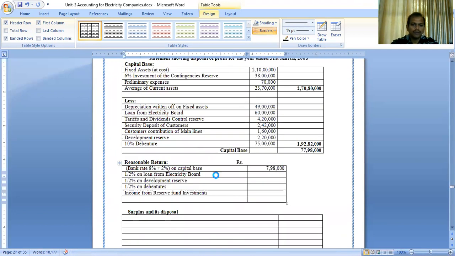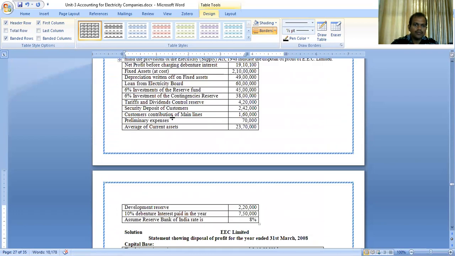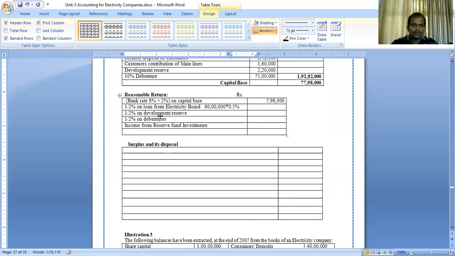₹60 lakh into 0.5 percentage, and 0.5% on development reserve. Development reserve is 2,20,000, and tariff and dividend control reserve 4,20,000. But tariff and dividend control reserve you should not consider here. 0.5 percentage.